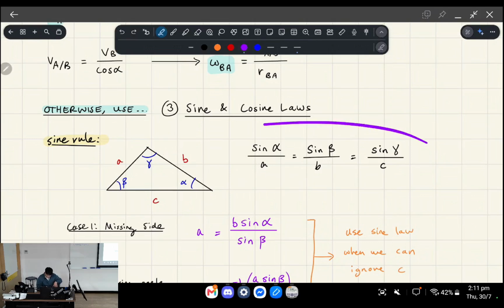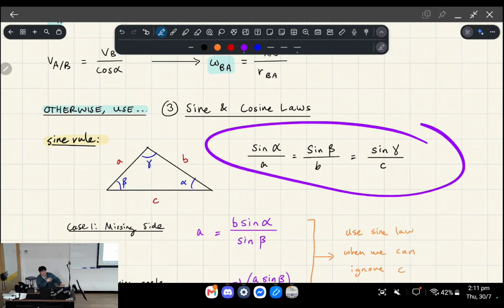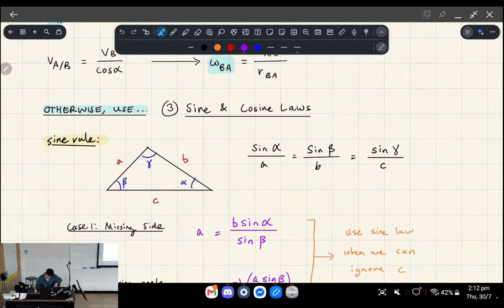This is like a triple equality, a triple equation, and you can isolate two out of these three equations and equate them with each other. So for example, if we wanted to ignore that part of the equals sign, let's just delete this for a moment.